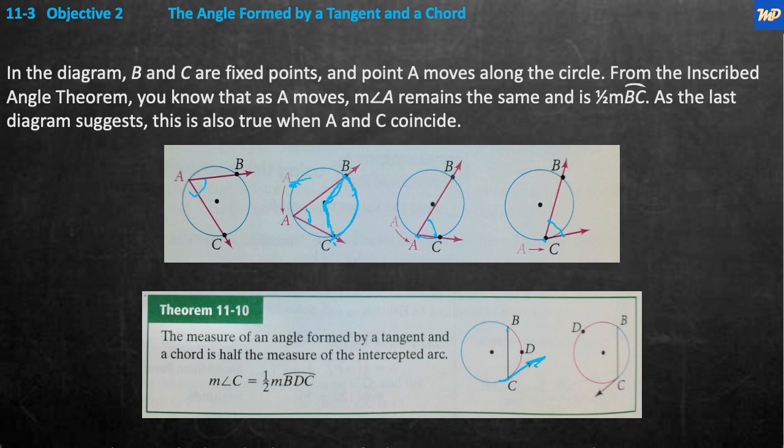So here's the arc that is struck off by the chord and the tangent, and that's the arc right here. And that is angle C down here. Angle C is 1/2 of the intercepted arc. Okay, so BDC in this case.